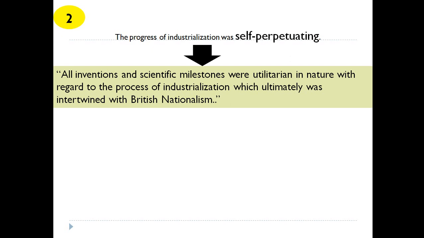This nation would want industrialization so that its people could earn money, its people could earn wealth, which ultimately would transform into the wealth of the British nation. Industrialization is not only a means of technological advancement, it is basically a means of political advancement. That is why it is very important.